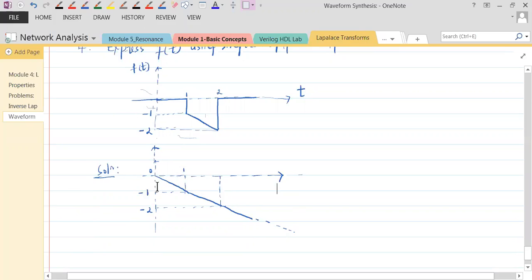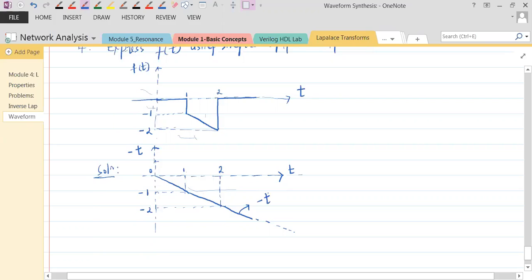So at t equal to 1 it is minus 1, at t equal to 2 it is minus 2. That means the waveform is minus t. Is that understood? So this particular waveform is minus t.